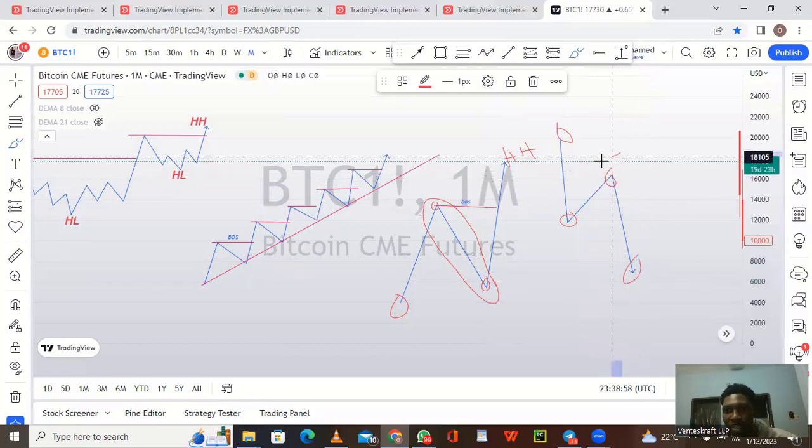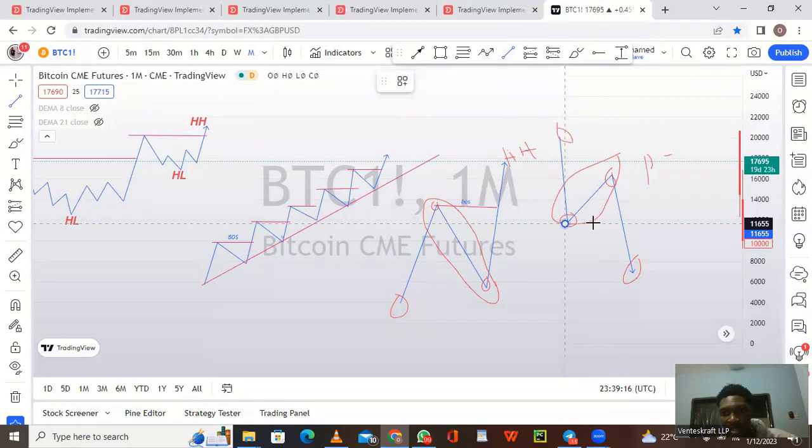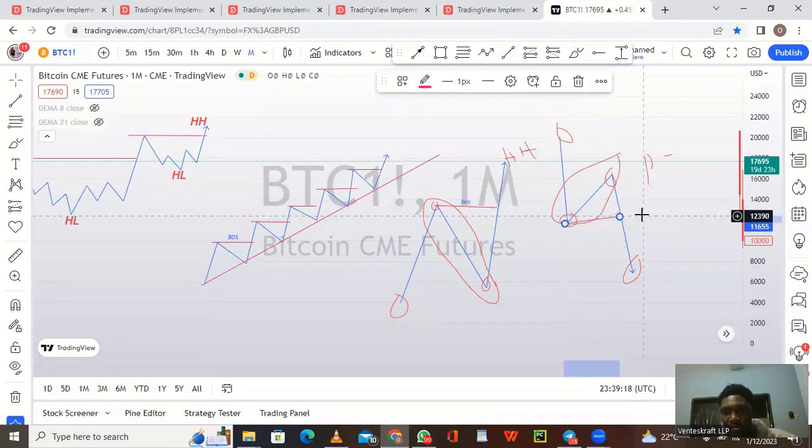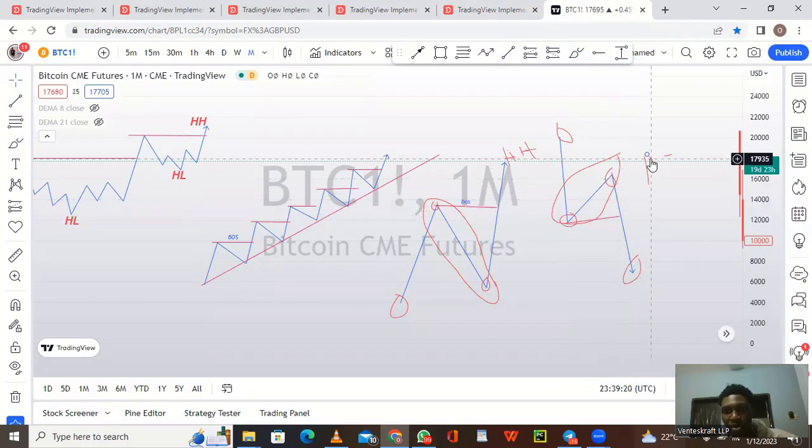The move that creates the lower high is known as the pullback. This is the pullback. While the move that creates a break of structure to the downside is known as the impulsive move.